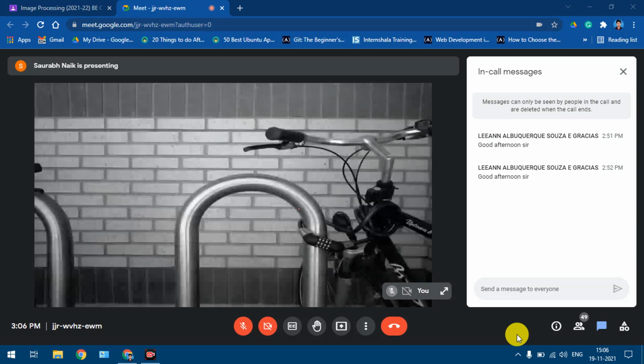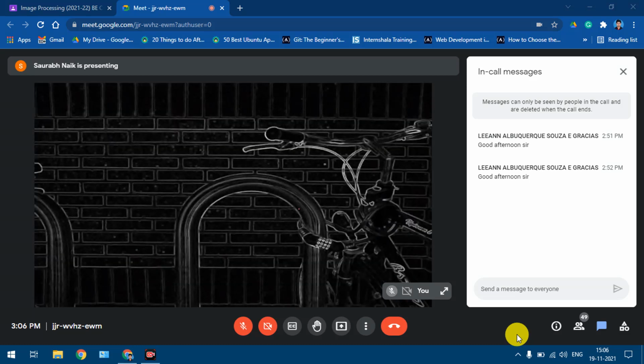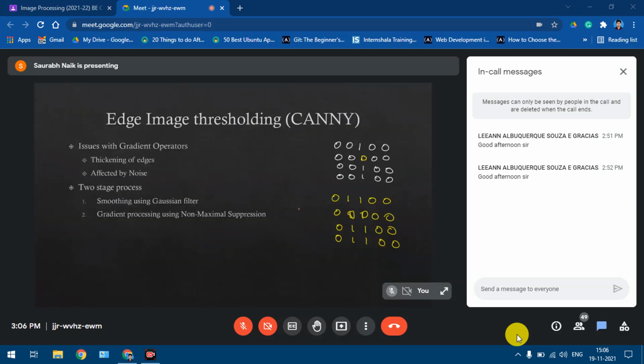In edge-based segmentation, given this particular image, we want to divide and segment it based on edges. The most common method is what we call the Canny algorithm or the edge image threshold. We prefer using Canny because the gradient operators that we have already studied have the problem of producing thick edges.